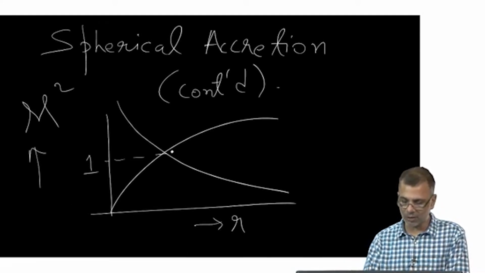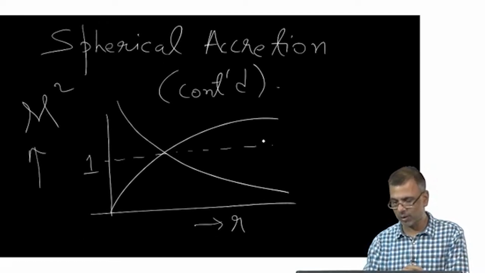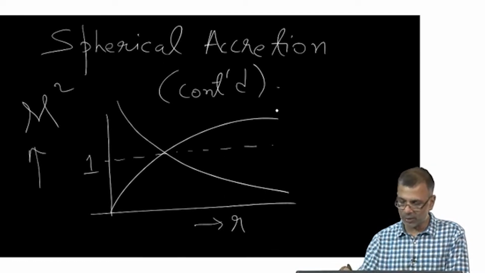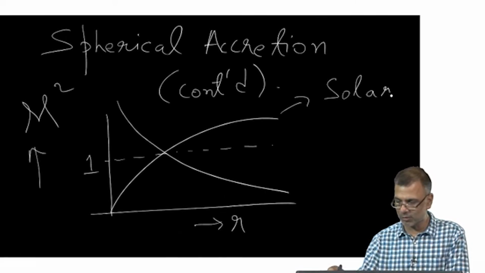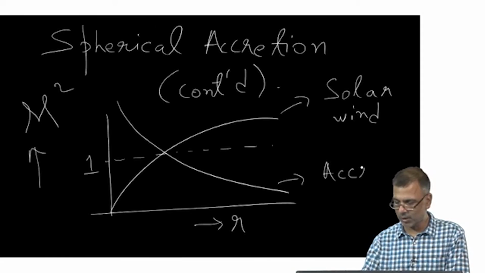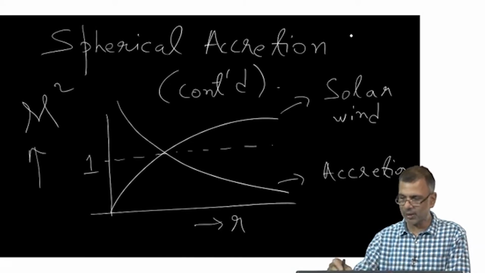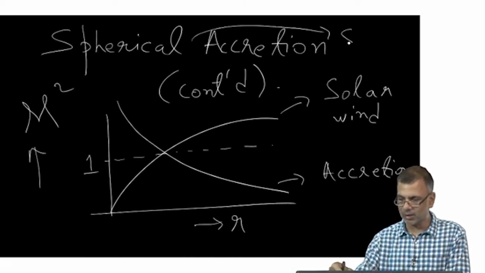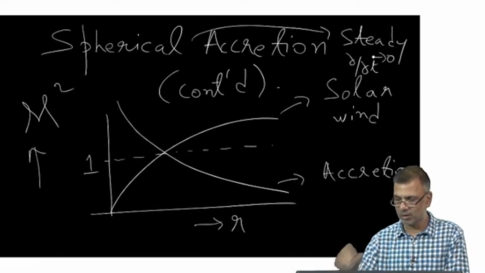Both of these are transonic solutions because they pass through M squared equals 1, and this kind of solution is representative of the solar wind and this one of accretion. Both are spherically symmetric and steady accretion, steady in the sense d/dt equals 0.